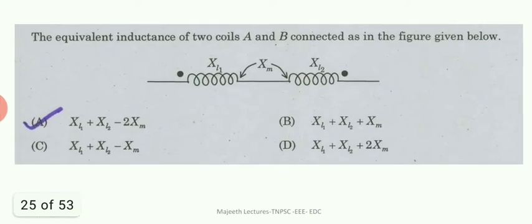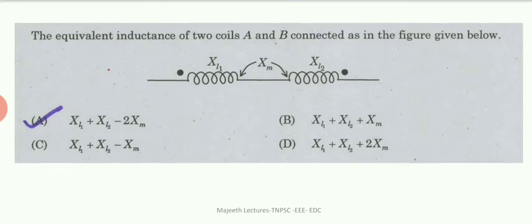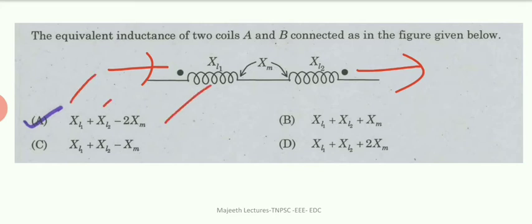Next one, the equivalent inductance of two coils A and B connected as in the figure shown. Here you see, here current is entering, here it is leaving. Right? So it is series opposing. Series opposing means addition of two self-inductances minus twice the mutual inductance. So X1 plus X2 minus 2XM.